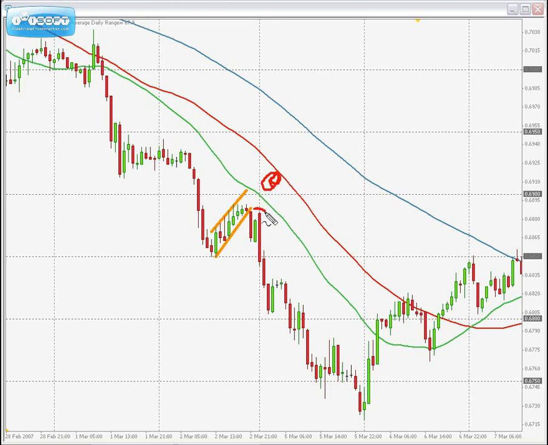It's best to get out, and when price reaches a new area of resistance, reassess the situation, and if you're going to enter, then you re-enter at a better price up here. Anyway, what's the cost? It's just 3 to 5 pips maximum, depending on your broker, which is the spread.